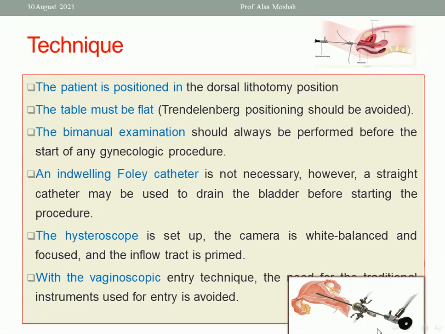Then the hysteroscope is set up. You see in the picture. The camera is white balanced and focused, and the inflow tract is primed. With the vaginoscope entry technique, I do not need any instruments like a Cusco speculum or cervical tenaculum or dilators, because I use only the telescope.